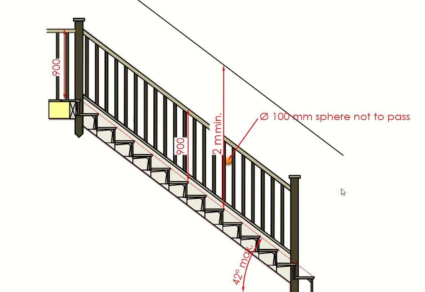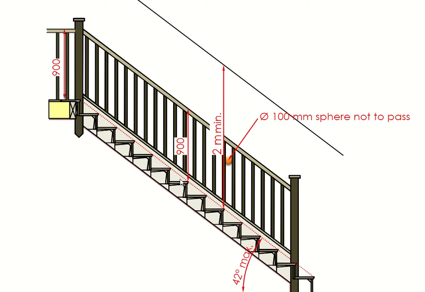This is just a rough idea of what the stairs look like. A few measurements. Again, if you haven't done number 15 in your book on page 117, the width measurement is 800. And the measurement from the handrail to the pitch line should be 900 millimeters. The maximum pitch of a flight of stairs should be no more than 42 degrees.